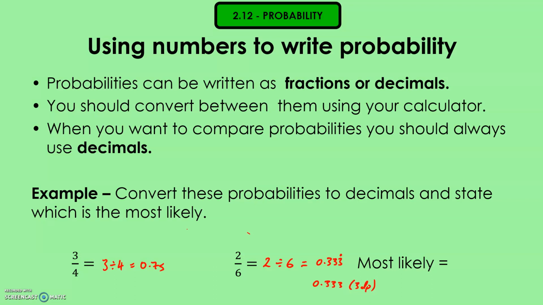So then looking at those numbers, we're comparing 0.75 and 0.333. The most likely is 3/4.